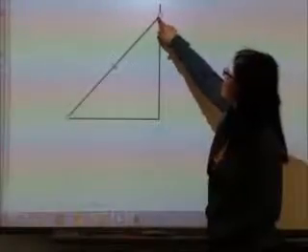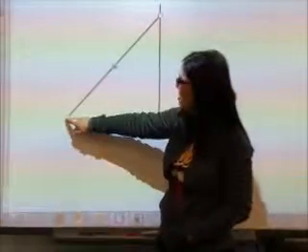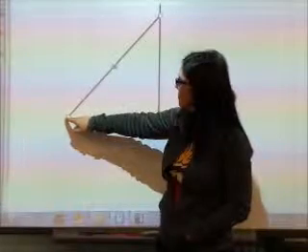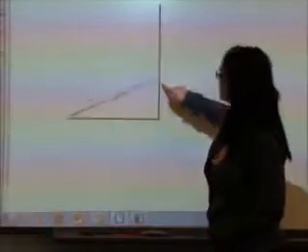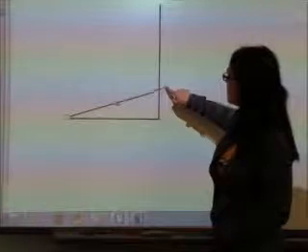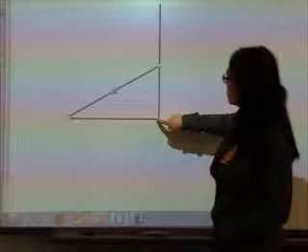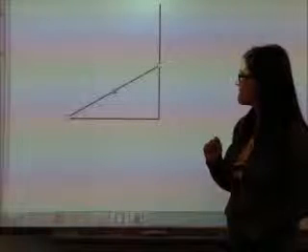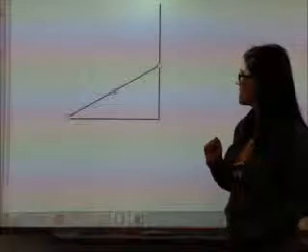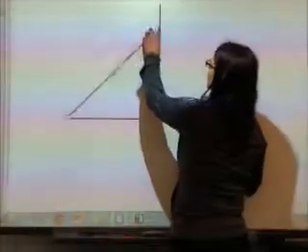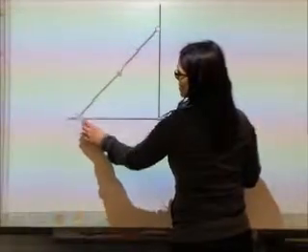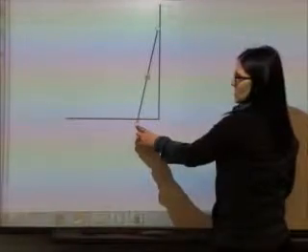If I was to fix this and change it, I'm trying to figure out the best way to show you that this side gets shorter. If I make this angle greater, look at what happens.